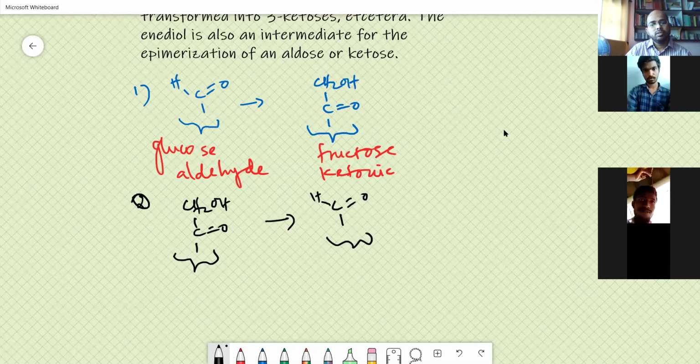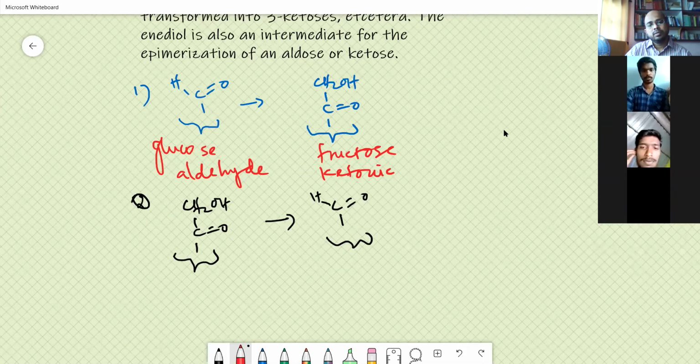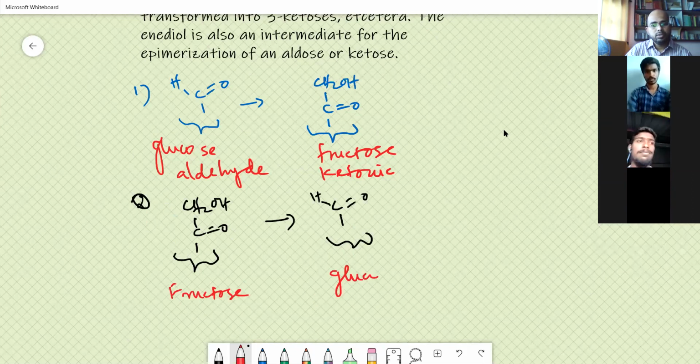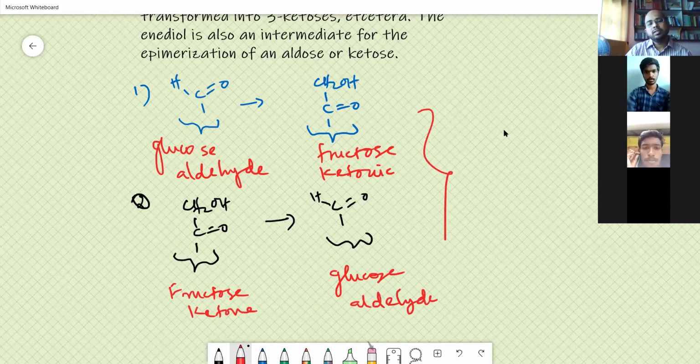So this is fructose, and this is glucose. This is a ketone, and this is an aldehyde. These two we call interconversion: interconversion of aldose sugars into ketose sugars, or ketose sugars into aldose sugars.